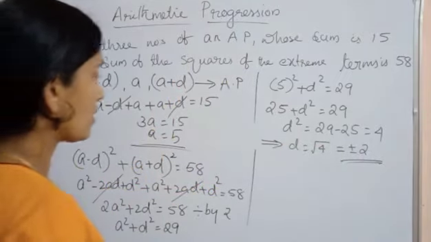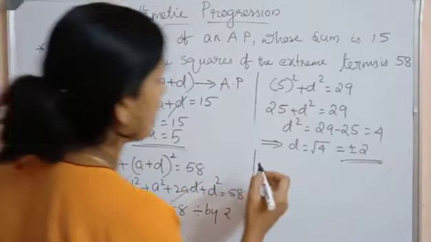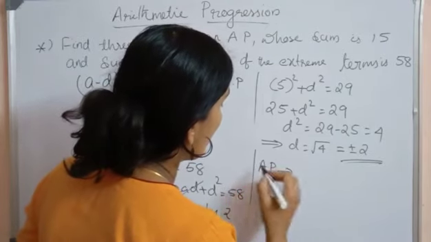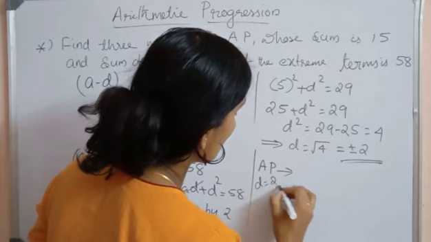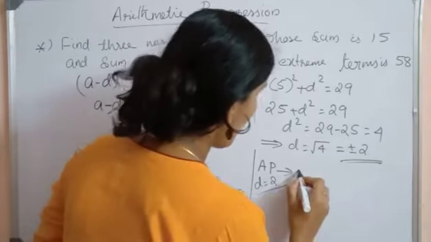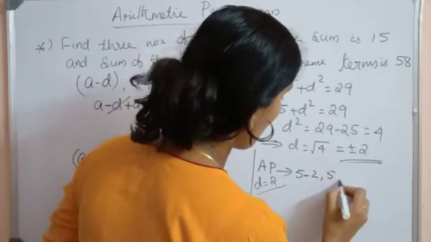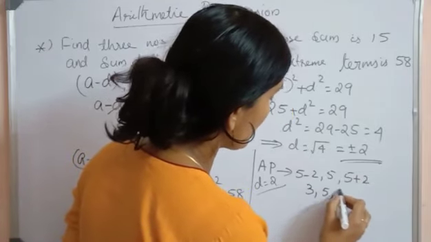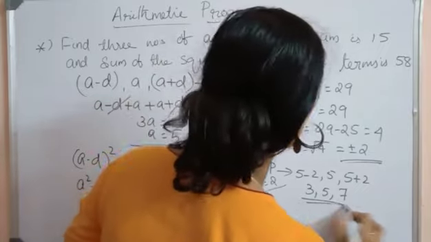Now let's find out the terms: a minus d, a, a plus d. When d is equal to plus 2, the AP is 5 minus 2, 5, 5 plus 2. That is 3, 5, 7. This is the first three terms.